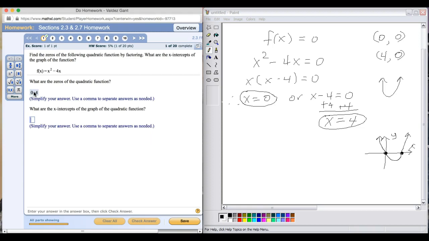Since they don't ask us to put it in the form of a point with an xy coordinate, we just type 0, 4 again. In other words, they don't want us to put it as an ordered pair. All right, this concludes the first problem, and we'll move on to the next problem.